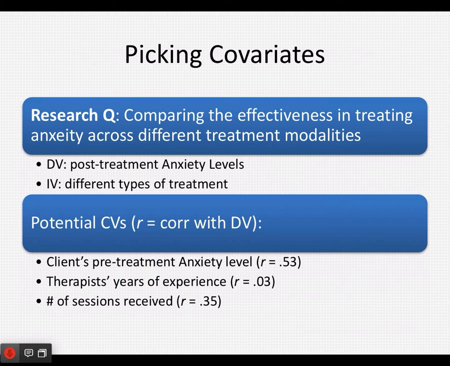We think that 0.53 and 0.35 are reasonably high, so they could impact the outcome variable, and we want to control for those. What is a factor you don't have information about that you would want to find out before you decide whether to use the two as covariates?